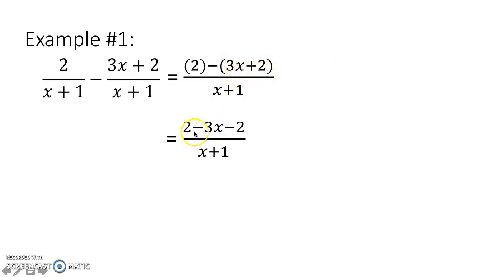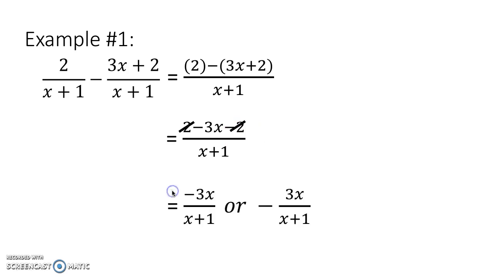So this becomes 2 minus 3x minus 2. Combining like terms, which is 2 and minus 2, that becomes 0. So we can just simply cancel that one out. The final answer would be negative 3x all over x plus 1, or put the negative sign in the middle of the fraction or before the fraction bar, so that becomes negative of 3x all over x plus 1.